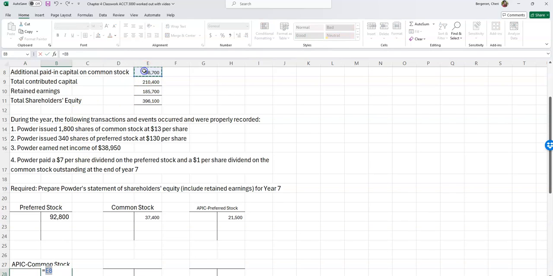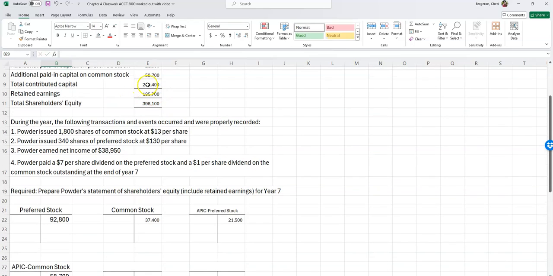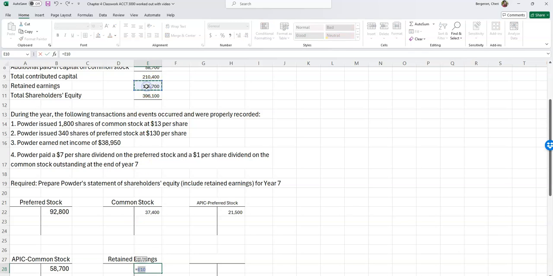And that one is $58,700. Total contributed capital is not an account, that is just a subtotal. So I'll go to my next account, which is retained earnings, which is $185,700. It also is a capital account, so it also has a normal credit balance. So its balance goes on the credit side.